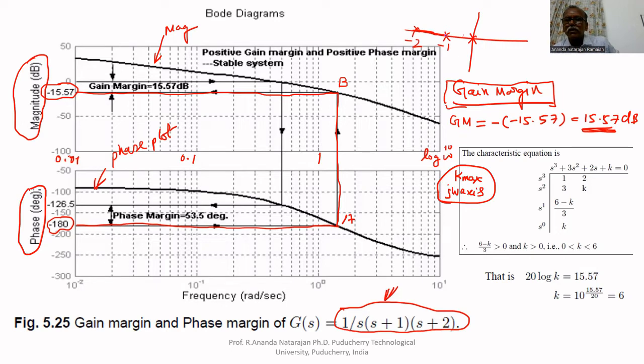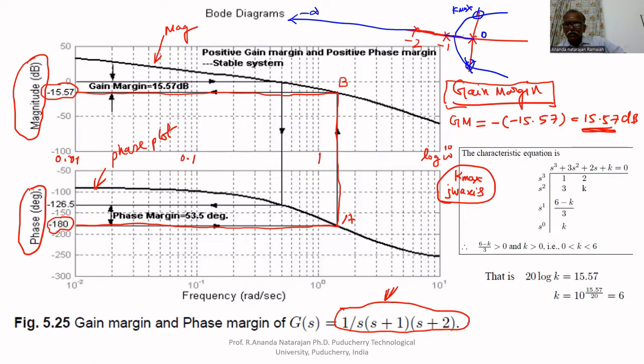Between minus 1 and 0, it is part of the root locus because there is an odd number of poles to the right. Similarly, after minus 2, it is part of the root locus up to minus infinity. There is a breakaway point and it goes to the right hand side. The poles will be exactly on the j omega axis at Kmax.